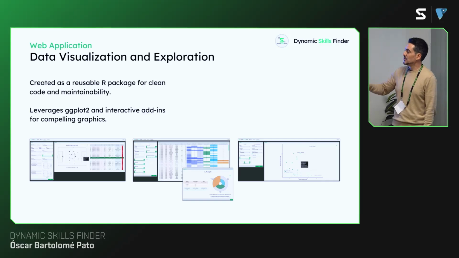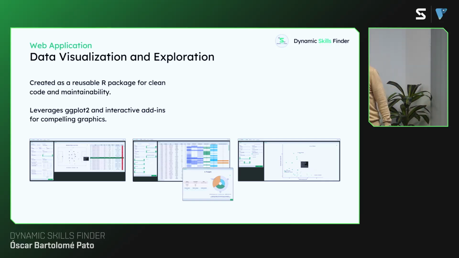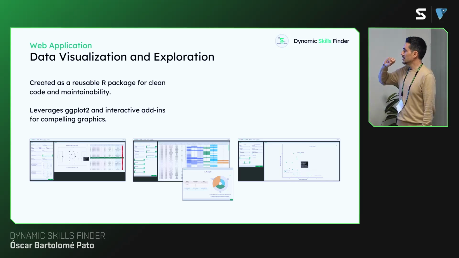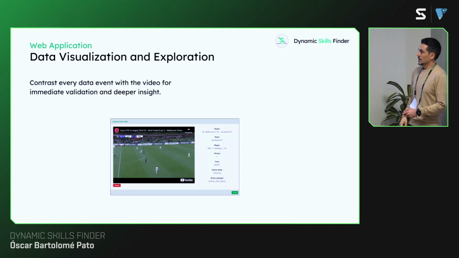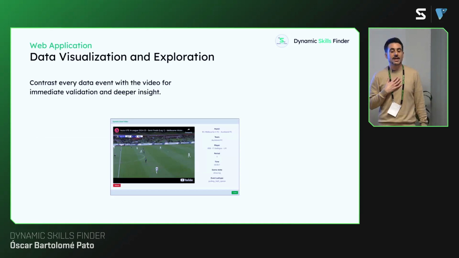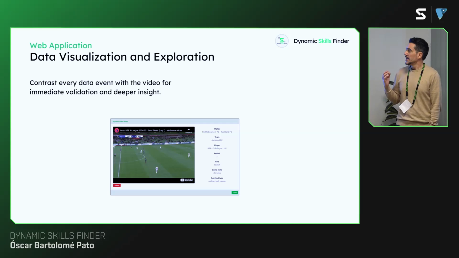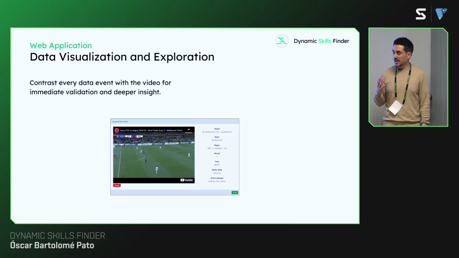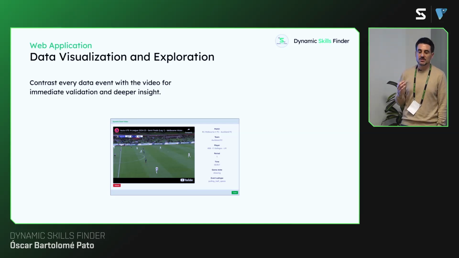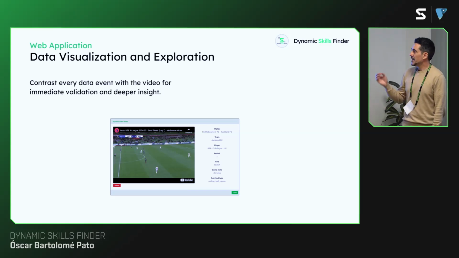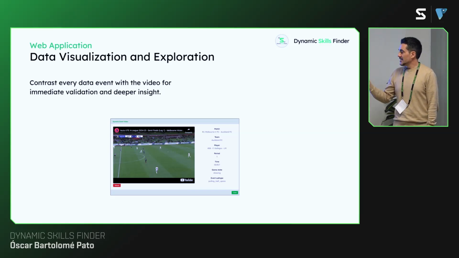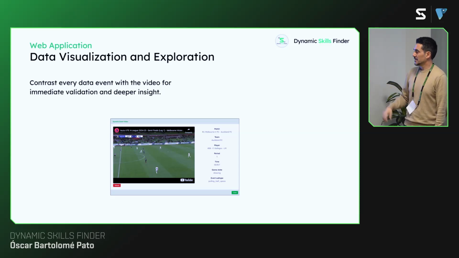It is organized in two main modules, the tactical analysis module and the scouting player module. And both of these modules have their own comparison tool. Also, I know that every insight we find in the data must be validated on the pitch. So for each dynamic event we find in the data, we can immediately watch its video moment.